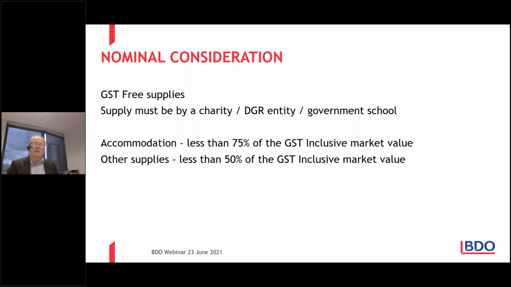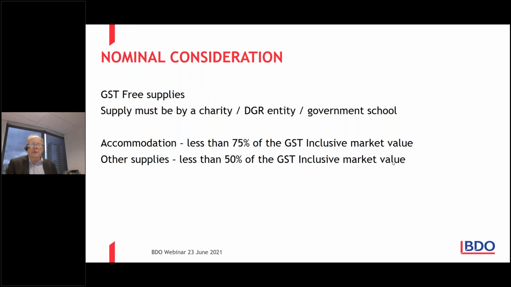So you could have some transactions where you say, well, we've sold it for 40% of the inclusive market value, and other transactions where you've sold it for 70% or 100% of the market value, in which case on individual transactions, those at 50% and above would lose their GST-free status, and 1/11th would be required to be remitted as GST. So how you manage that from an administration point of view is something that you really need to turn your mind to as an organisation.